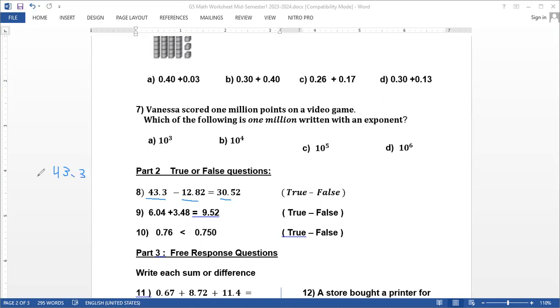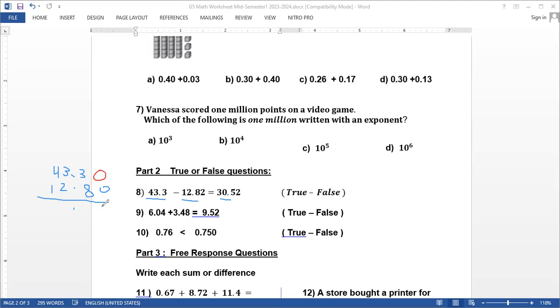So I write 43.3, and here I write 12.82. Now I can subtract. First of all, I put the point in the answer. Now I add 0 to make it easier for me here.